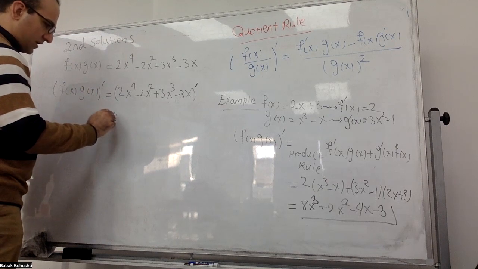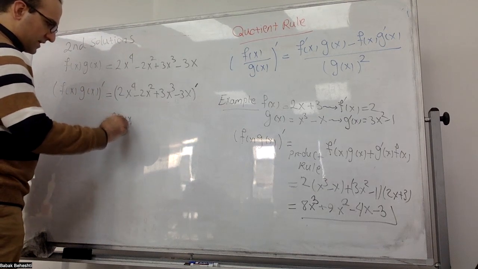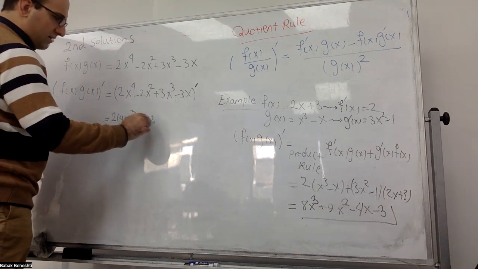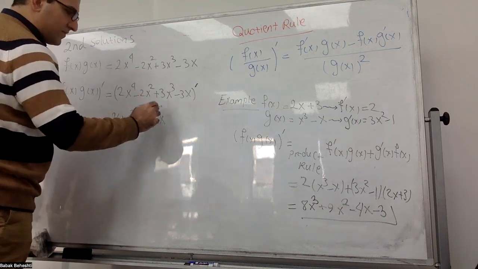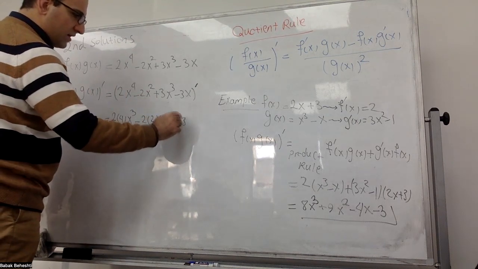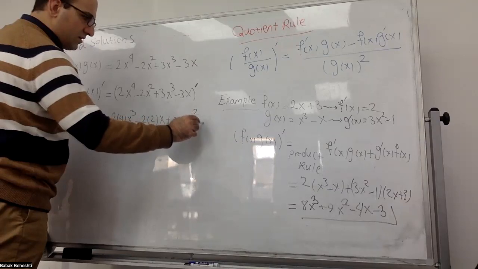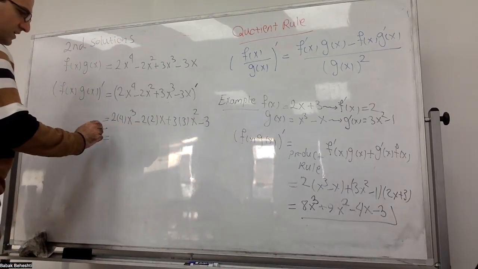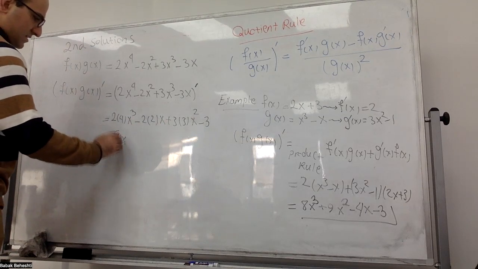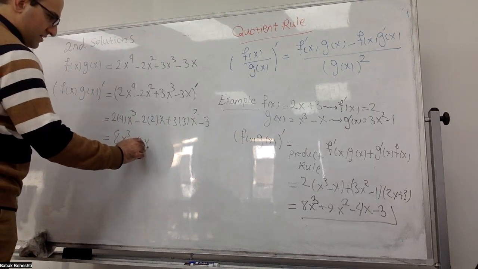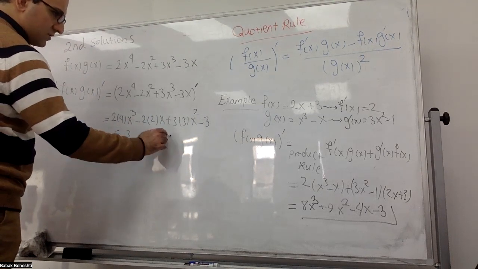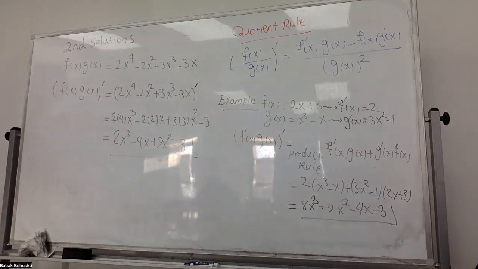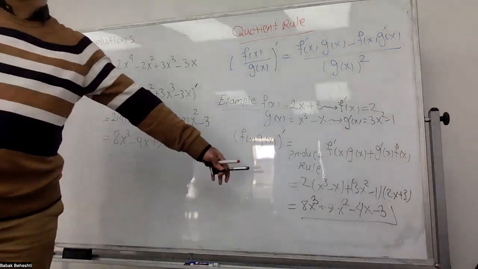So it's 2 times 4 times x to the power 3, minus, you do the same thing, 2 times 2 times x, plus 3 times 3 times x squared, minus 3. Which would be equal to 8x cubed minus 4x plus 9x squared minus 3. Which is exactly the same result we have here.